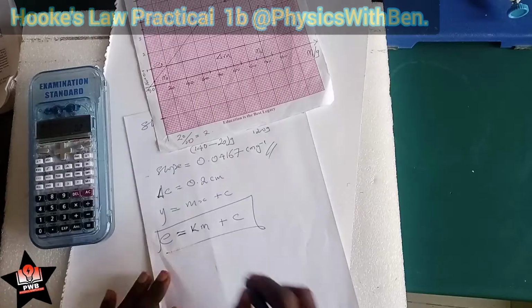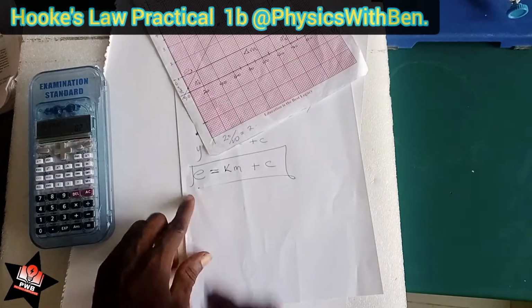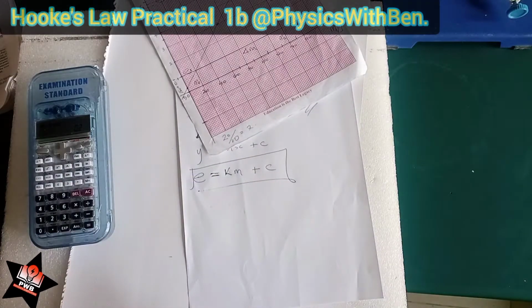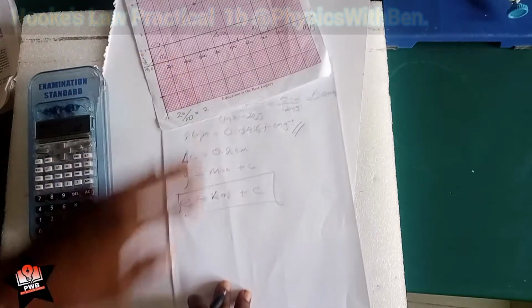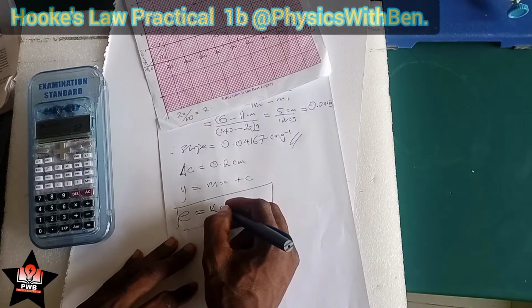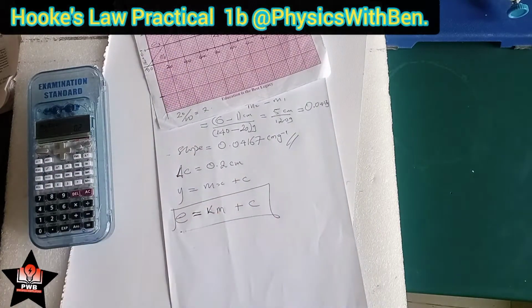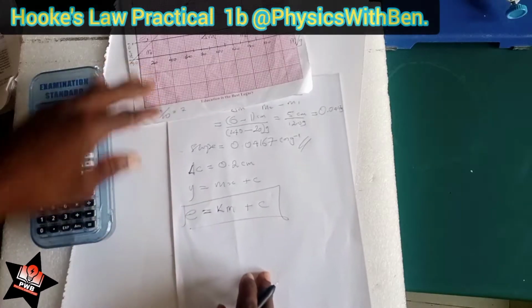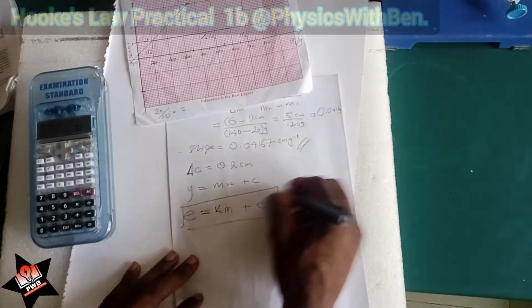This is the equation for this graph. Extension, where k is the slope and m is the horizontal axis and the c is the intercept. So in this case, we'll come back to this later.